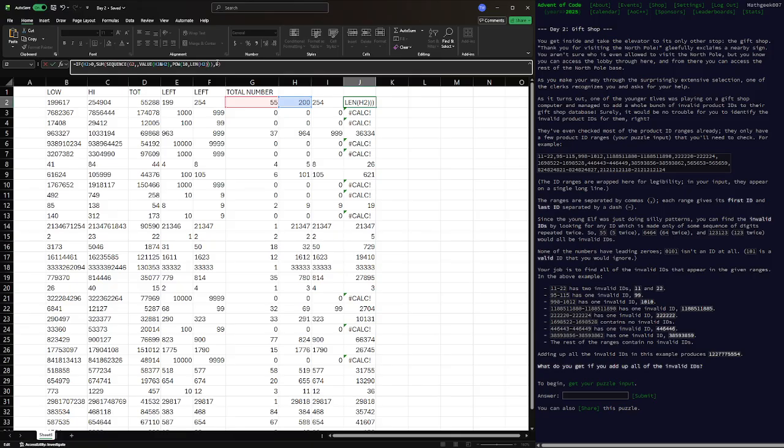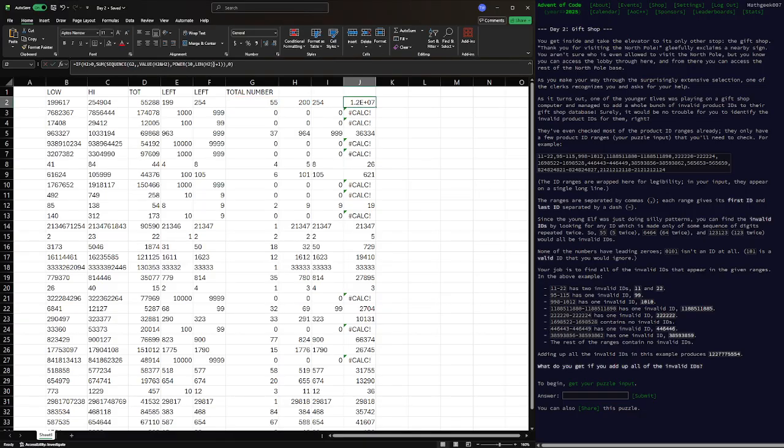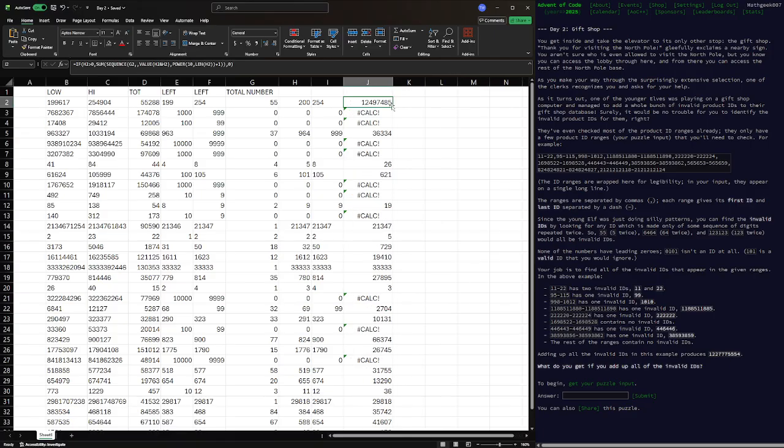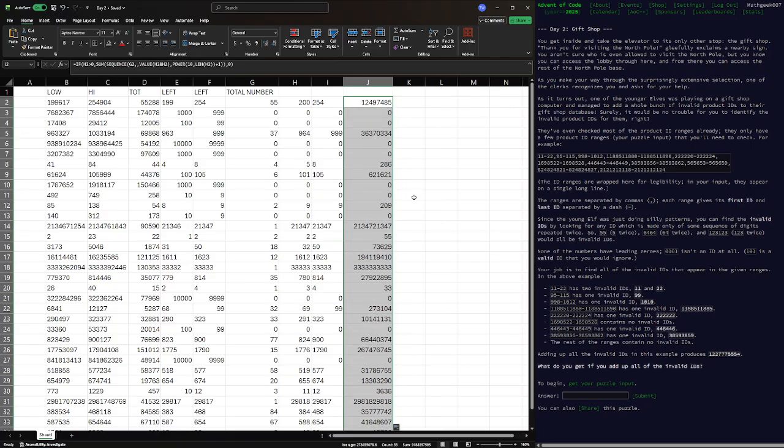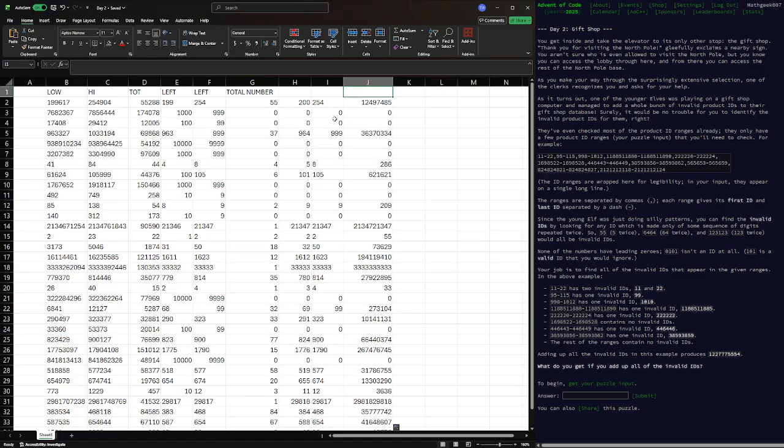Length of that plus 1. Name? What was power? I'm gonna do, just take that number and hope that that's correct. It's not the right answer. Okay.